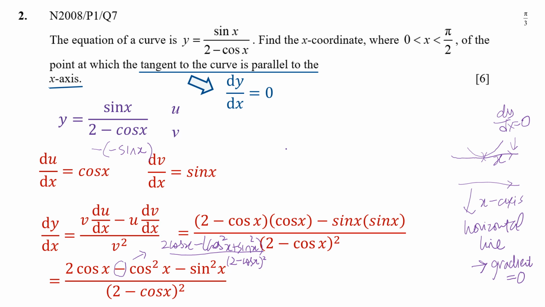Are you able to remember your trigo identities? The three trigo identities, right? One of them is sine square x plus cos square x equals 1. So that's the reason why I want to factorize the negative out, so that I can make my expression look simpler, to get 2 cos x minus 1 over bracket 2 minus cos x, close bracket, to the power of 2. Okay, I'm going to let that equal 0.